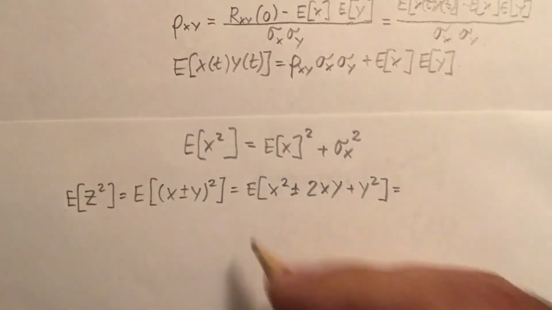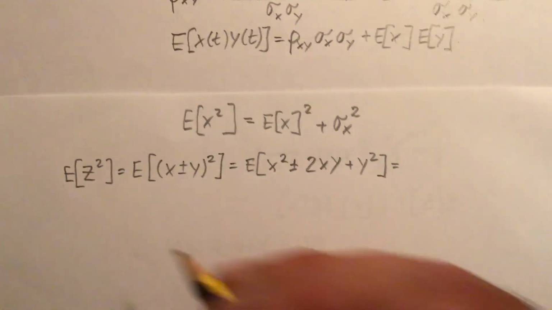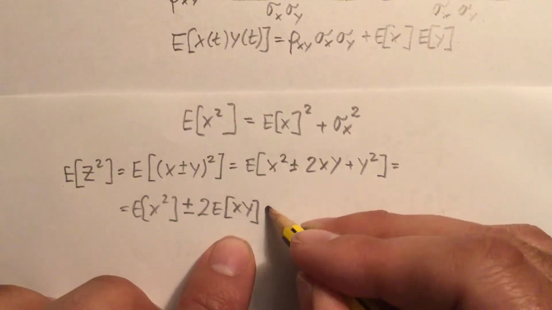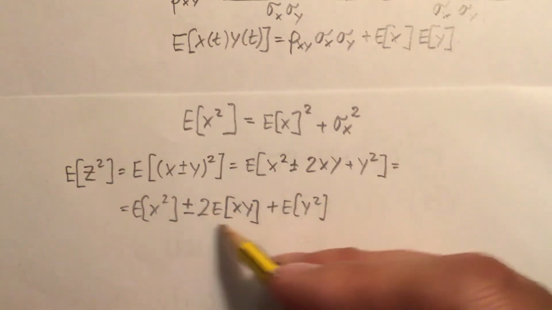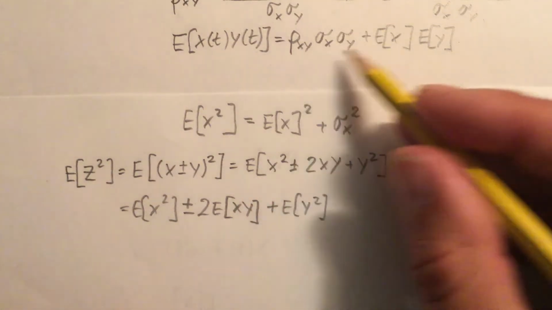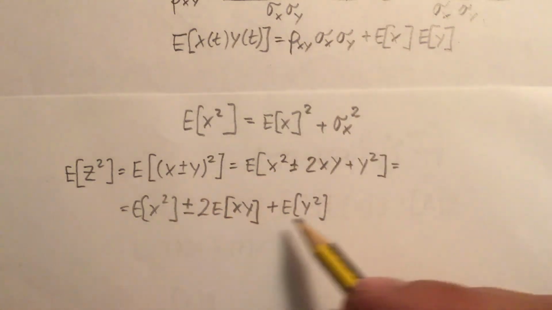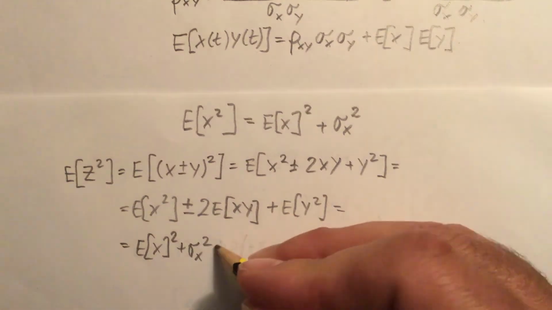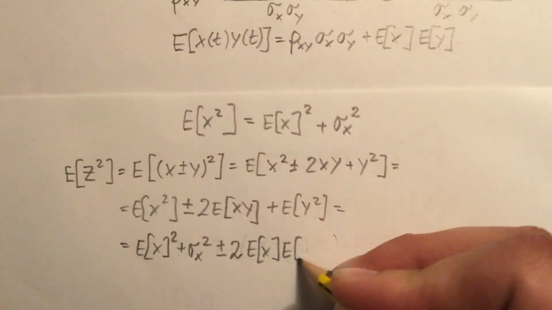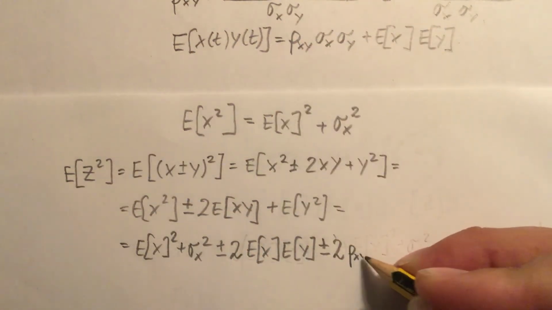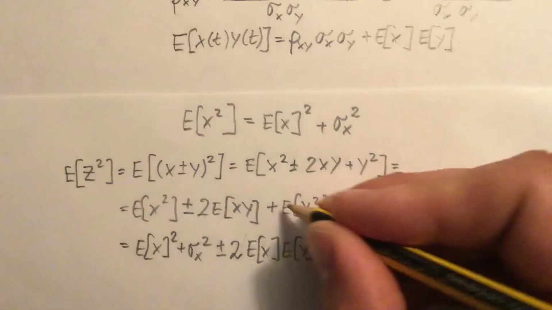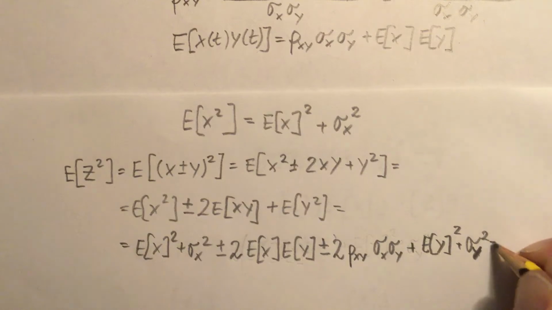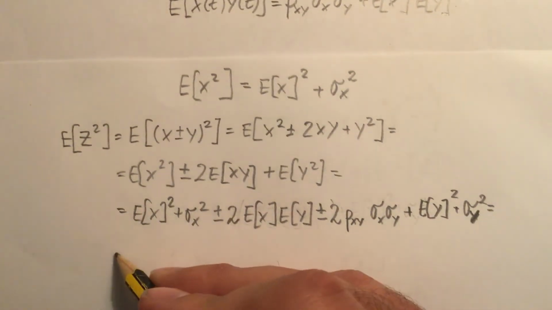And since the expected value is a linear operator, here we will apply this result. Here and here we will apply this one. Now it's a matter of rearranging terms.